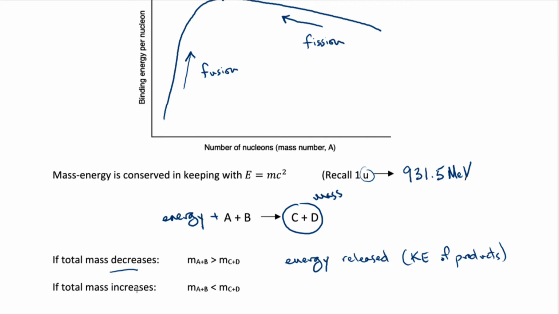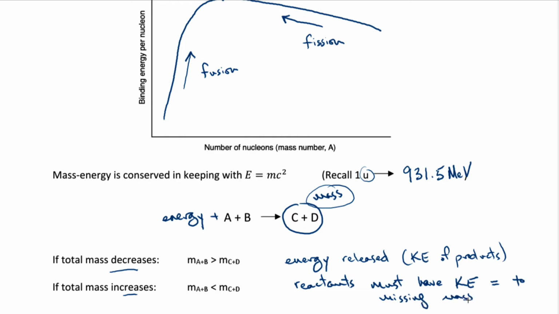So in this case, if the total mass is increasing, then the reactants have to have kinetic energy equal to the missing mass. And that kinetic energy is showing up on the left side of the equation. It's not showing up on the right. On the right, it's showing up as the mass. So the reactants in this case must have kinetic energy equal to the missing mass.